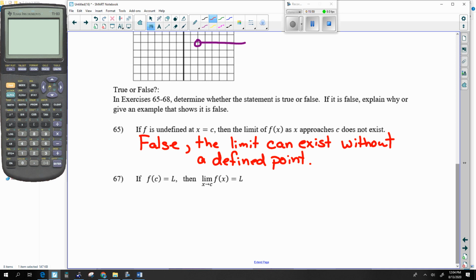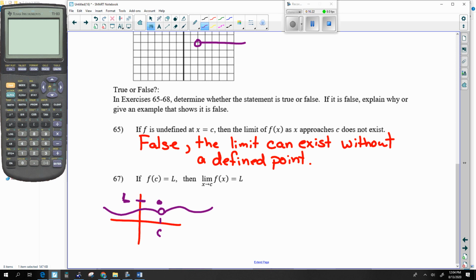If f of c is equal to L, I always think in pictures. f of c is equal to L. Okay, that actually exists. Then the limit as x goes to c is also equal to L? No. Again, there you go. You've got a limit that doesn't equal the point.